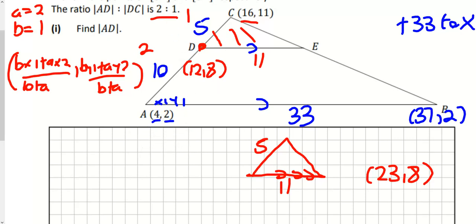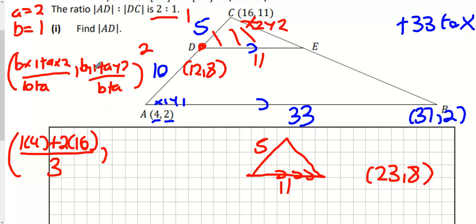X1, Y1 is 4, 2, and X2, Y2 is 16 and 11. Let's put in the numbers because I know some of you do this at home. So it's going to be 1 times 4 plus 2 times X2, which is 16, all over b plus a, which is 3 on the bottom. And then the next one is by1, which is 1 times 2 plus 2 times y2, which is 11, once again all over 3.